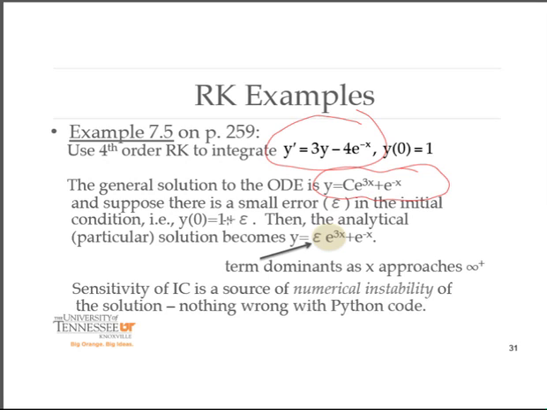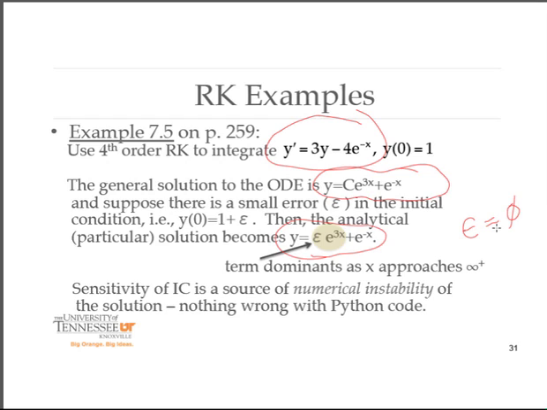Then what would happen to the analytical solution? Well, this is what would happen. The epsilon would be multiplied times e to the 3x, and then you would have this term here, plus e to the minus x. So clearly, if there was no error like we had a minute ago, epsilon is 0, and the solution is e to the minus x.